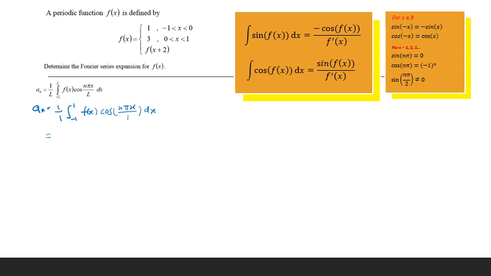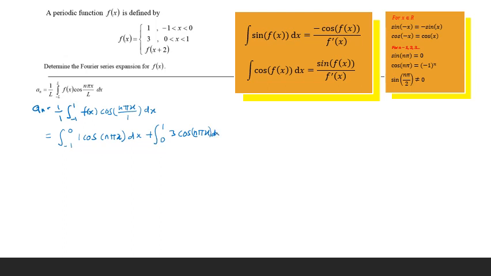Since we have two functions from -1 to 1, we split. So from -1 until 0, f(x) is substituted with 1, so we have cos(n pi x) dx, plus from 0 to 1, the function is 3, so the formula is 3 cos(n pi x) dx.